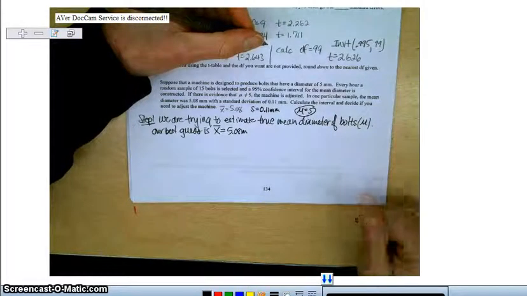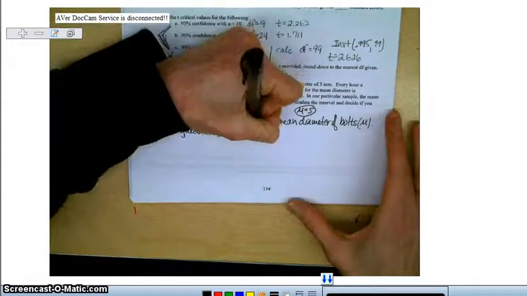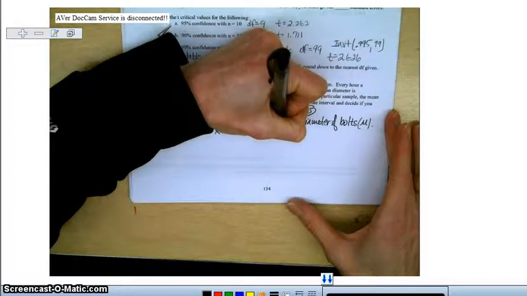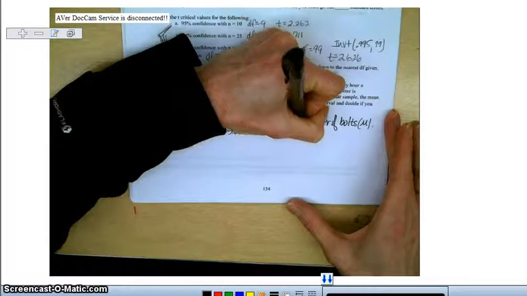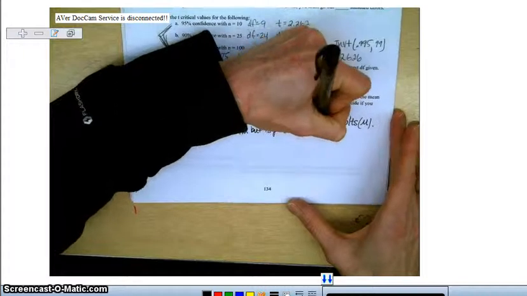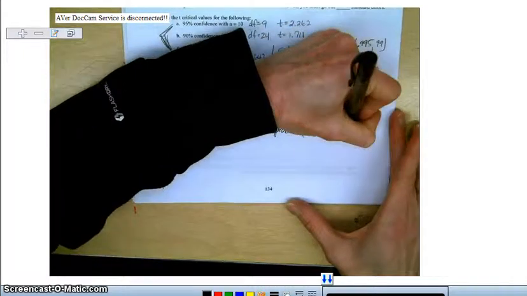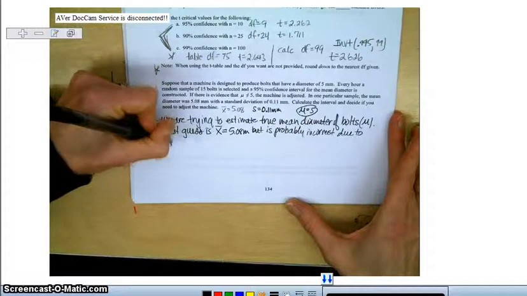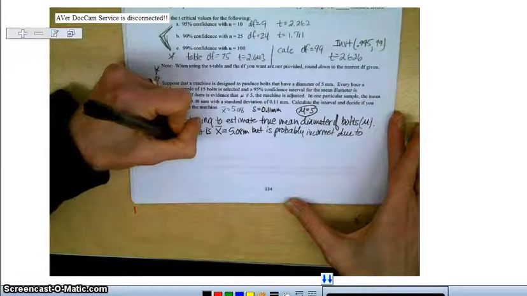But it is probably incorrect due to sampling variability.